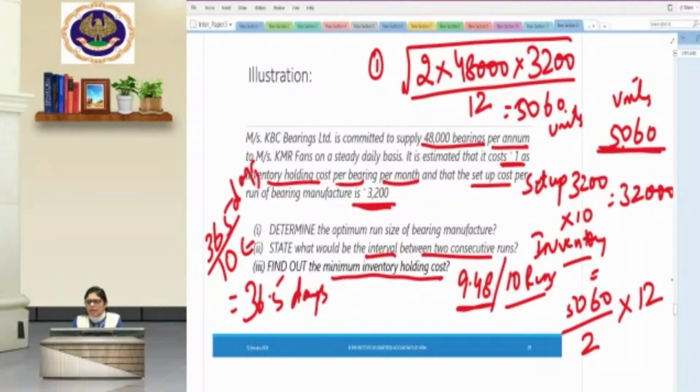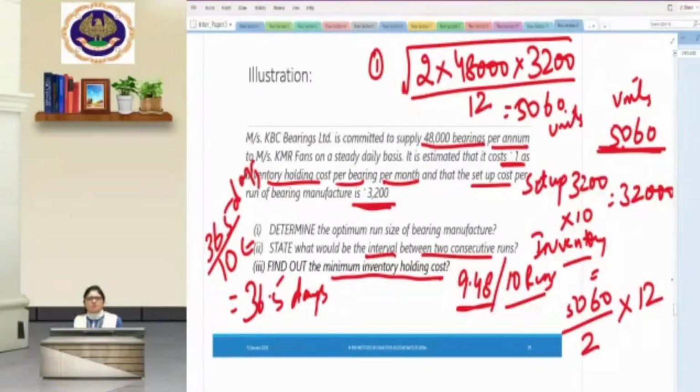So average of the EBQ, that means half of EBQ. The idea is we will assume that 5060 units are being manufactured in one lot at a particular point of time. Half of this inventory will always be in the stock.